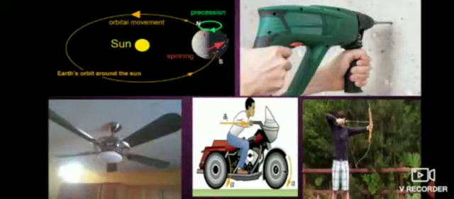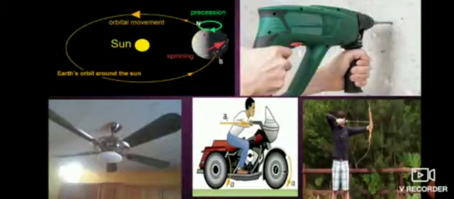Now we go to another example, the motion of a drill bit. While it is moving inside the wall, the drill bit has both translatory and rotatory motion. Now we see another example, the motion of the blades of a ceiling fan. Here the blades of this ceiling fan have only rotatory motion.